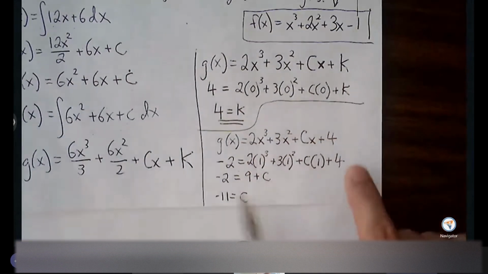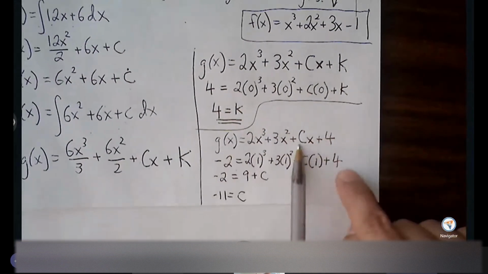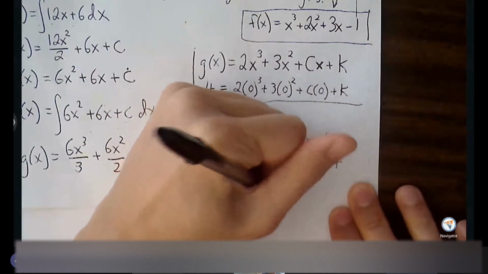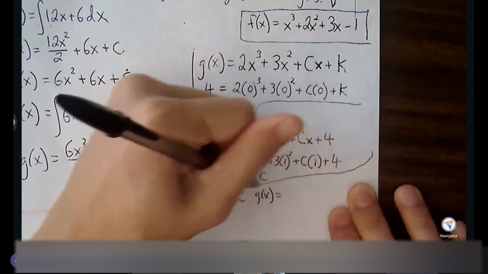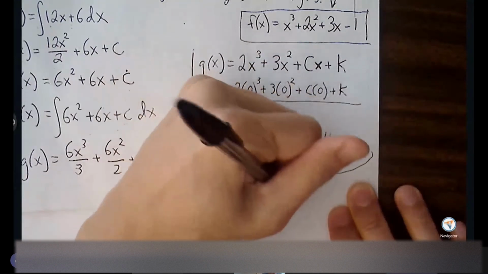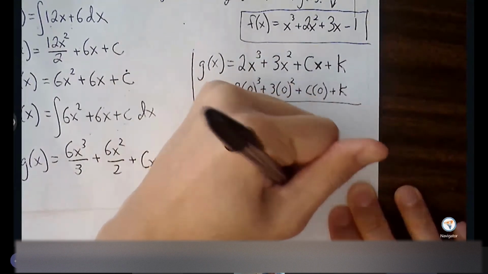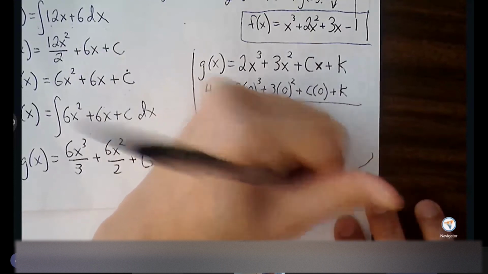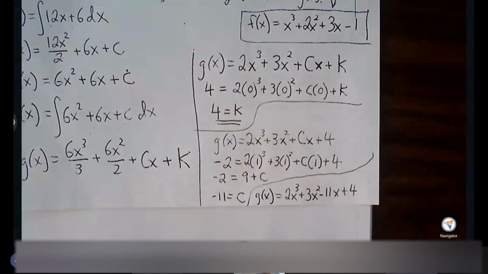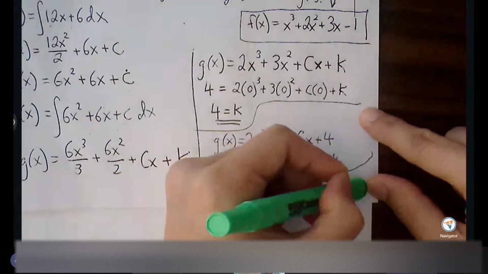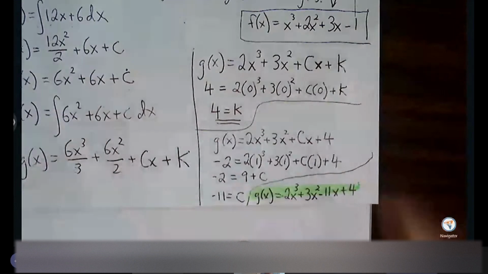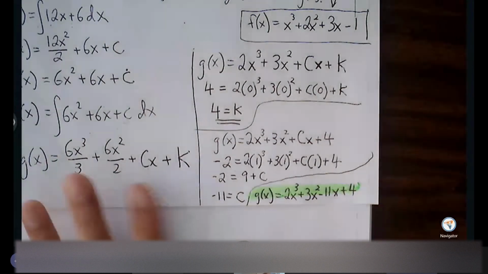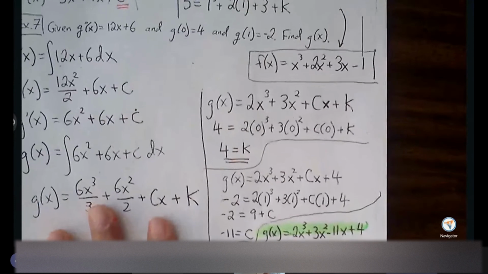And now I'm just going to rewrite my g of x and replace my c with -11. All right, any questions here?